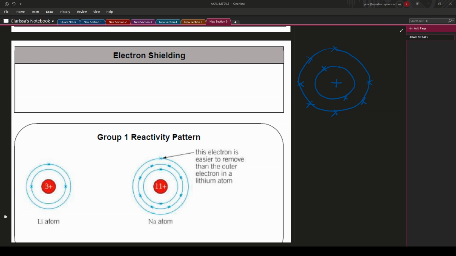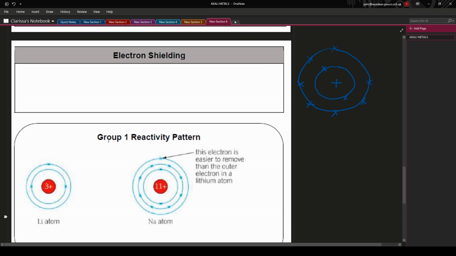So basically, we call them the inner shells. The shells that are not the outermost, the inner shells of electrons, shield the outermost shell, where the electrons are lost or gained, from the nucleus's attraction.